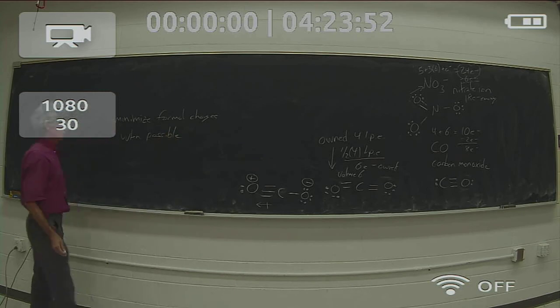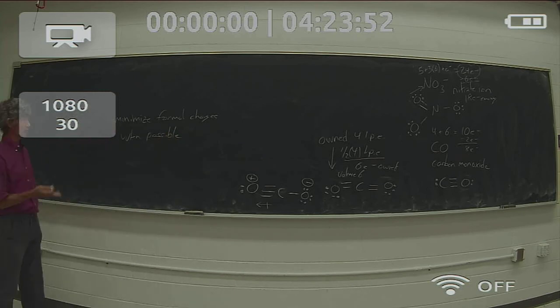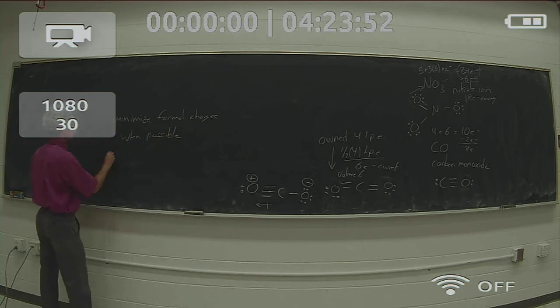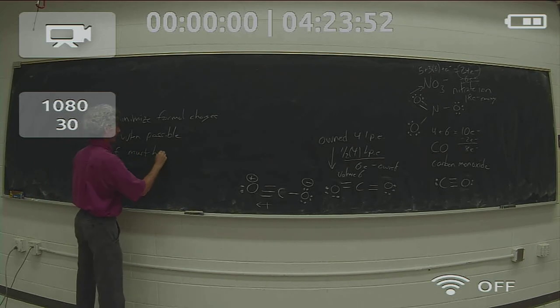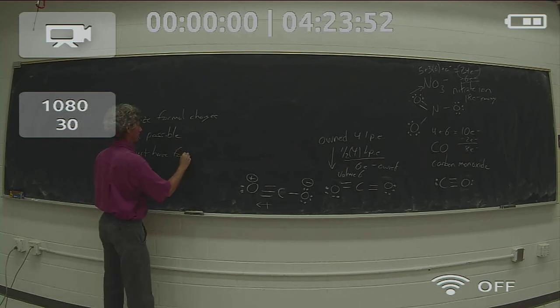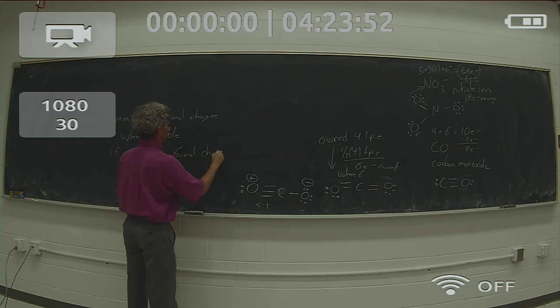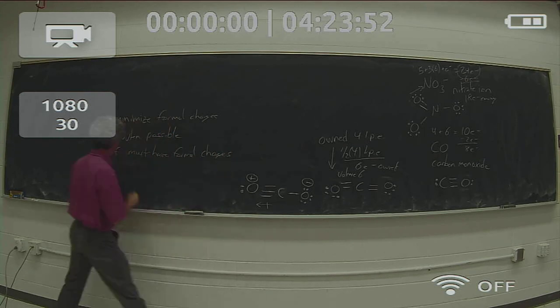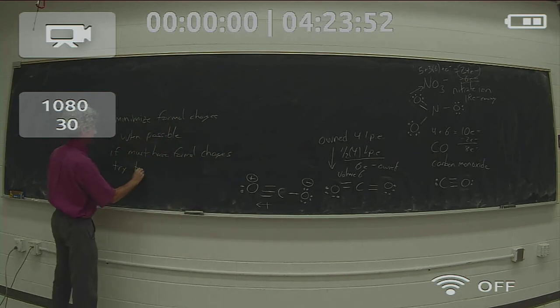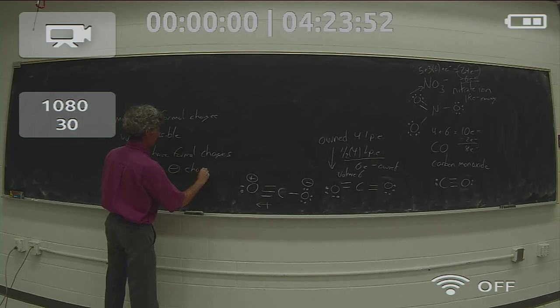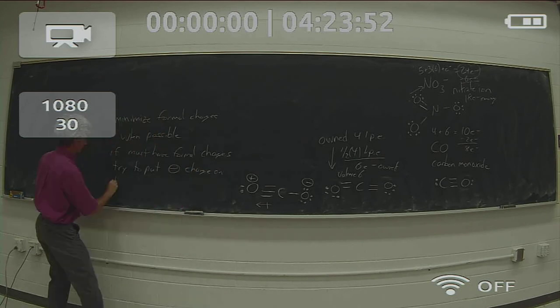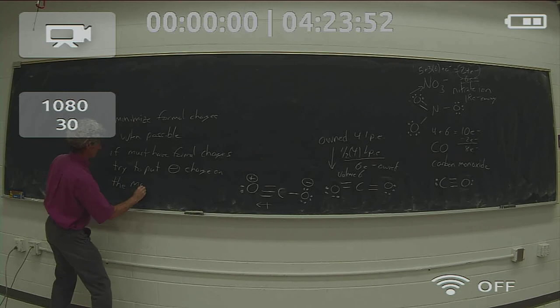If it's not possible to eliminate the formal charges, which it won't always be, you want to try to put the minus charge on the more electronegative of the two atoms.